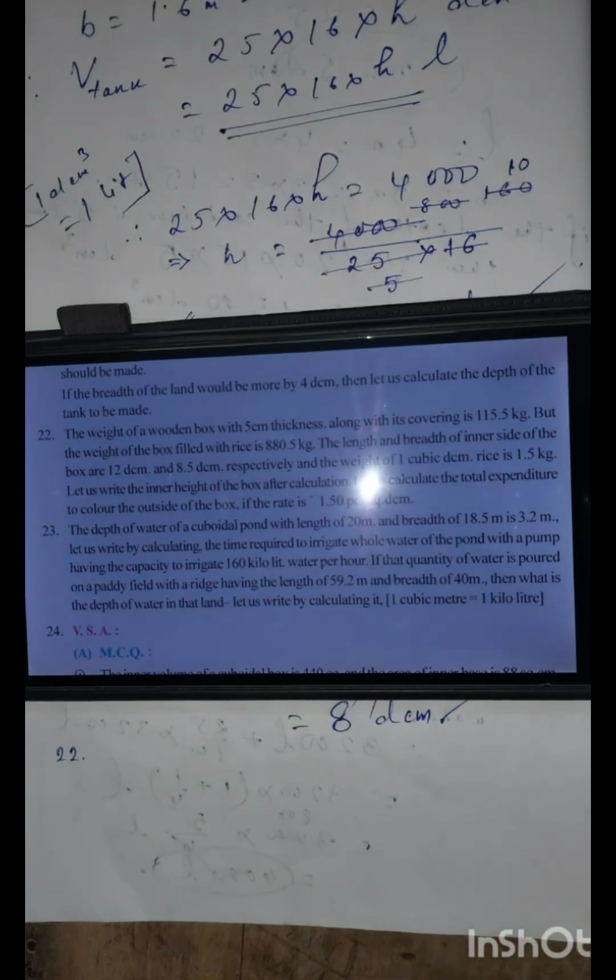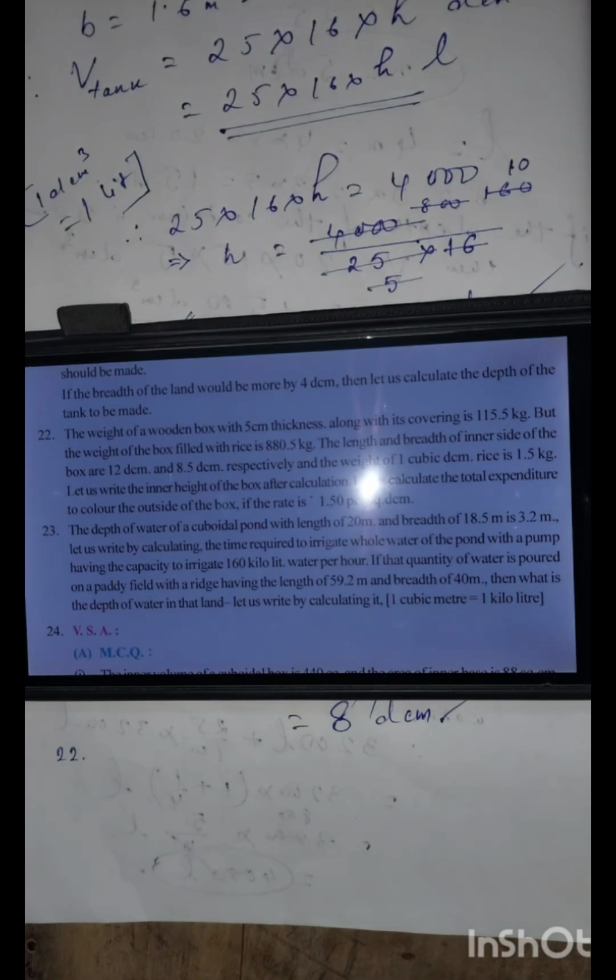Question number 22 says the weight of a wooden box with 5 centimeter thickness along with its covering is 115.5 kg. But the weight of the box filled with rice is 880.5 kg.